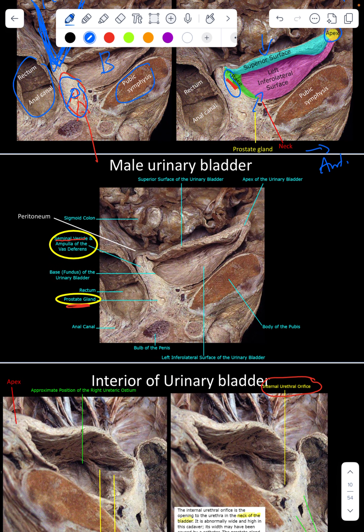Over here in males, again, this is the prostate gland, base of the bladder, apex of the bladder, still sigmoid. We can't see the rectum yet. Here you'll start to get the seminal vesicles and vas deferens. So the way it works is you have seminal vesicles here.